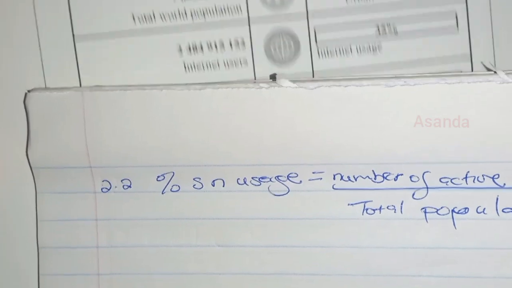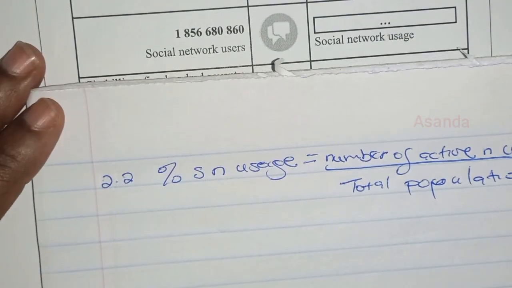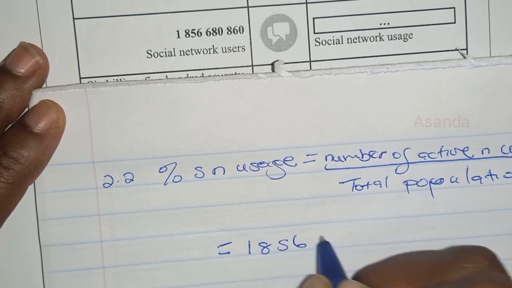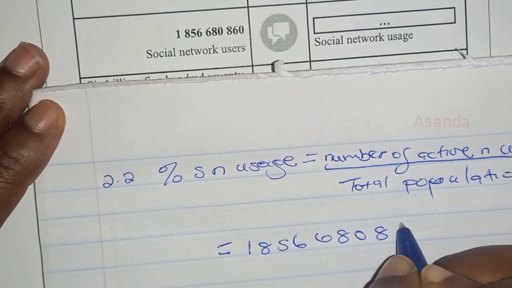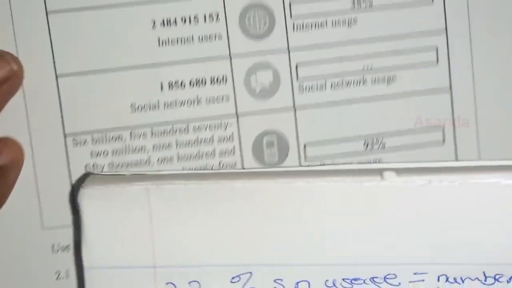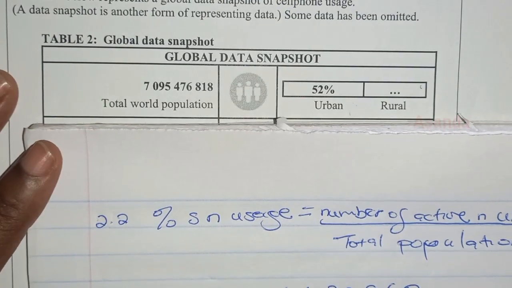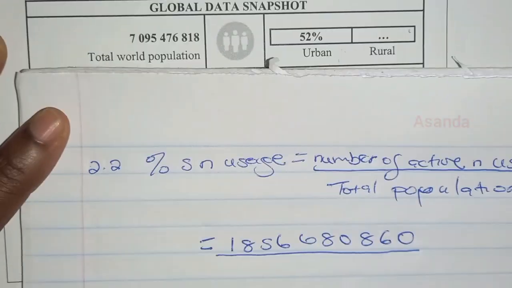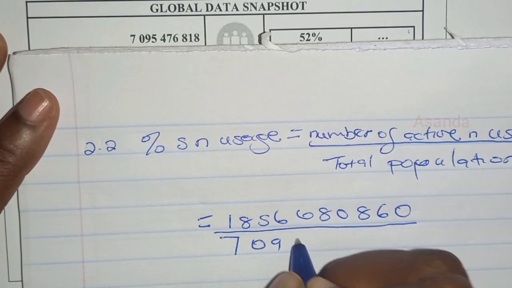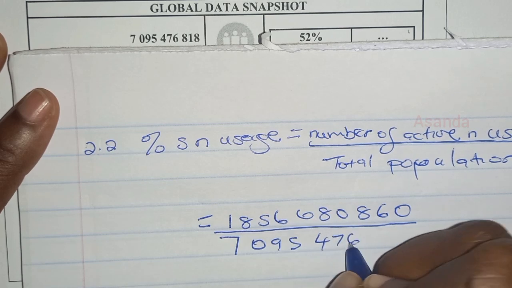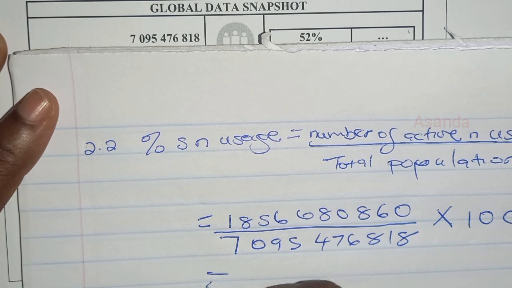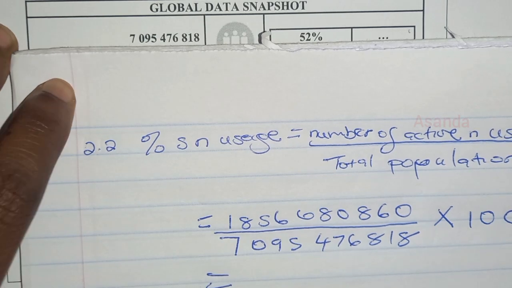So the total network users will be 1,856,680,860 divided by the total, which is 7,095,476,818. Then we multiply that by 100 and we're going to get the percentage.